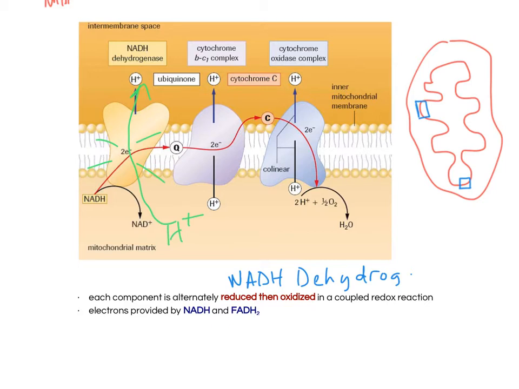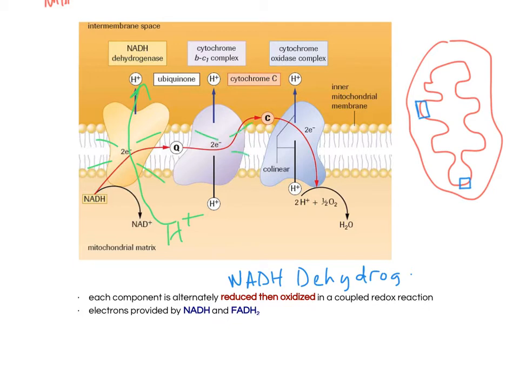That is what that energy is going to be used for. As the electron gets shuffled to the next substance in this electron transport chain, energy is going to be released. As an electron is added to the cytochrome B-C1 complex, it also becomes more stable and releases energy.